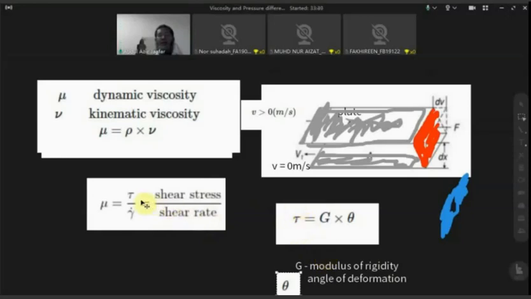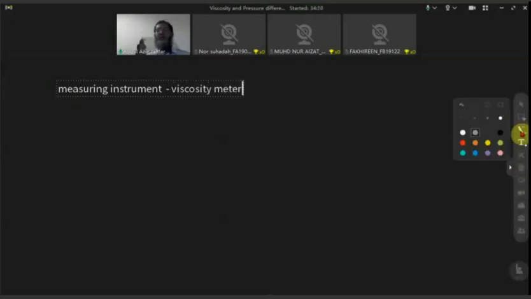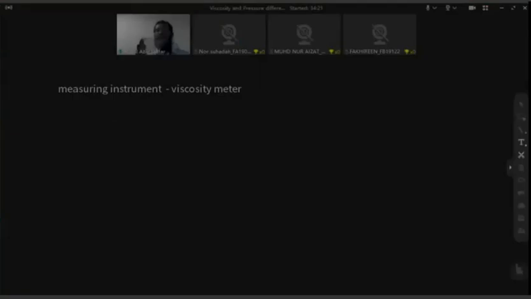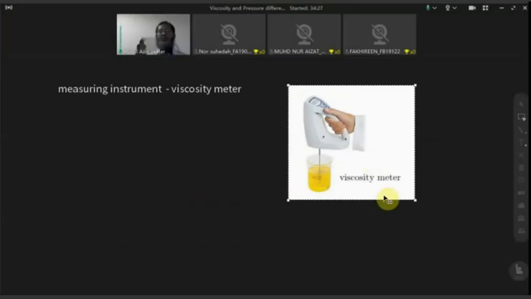Now we look at the measuring instrument for viscosity. The measuring instrumentation that we use to measure the viscosity of the fluid is what we call the viscometer. This figure shows the measuring equipment, which is a handheld device.